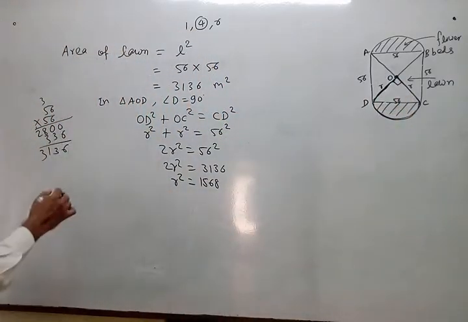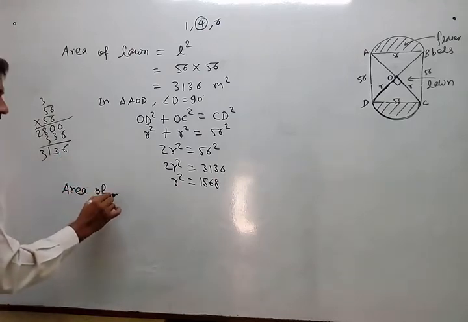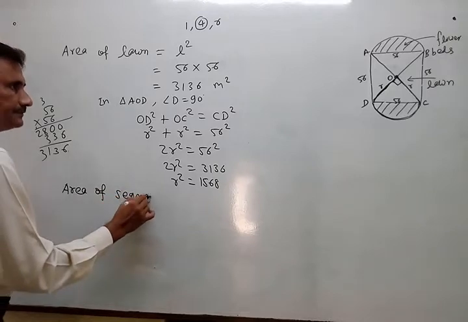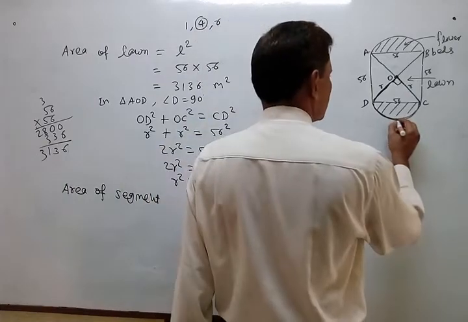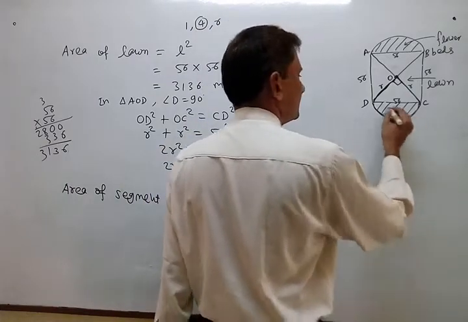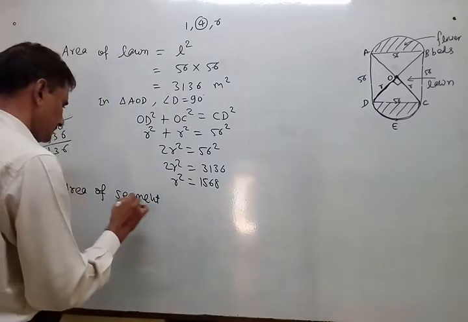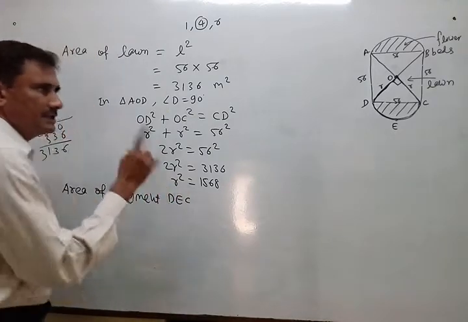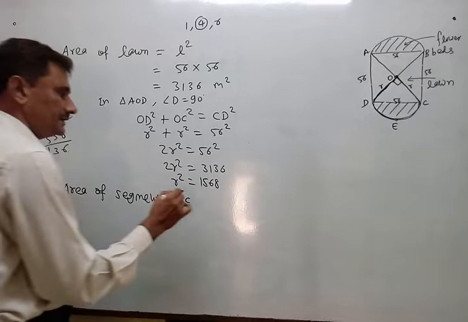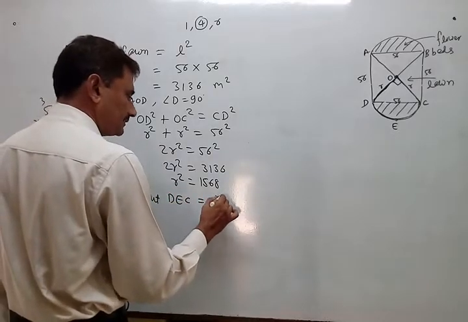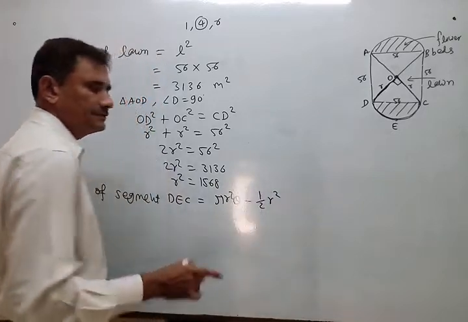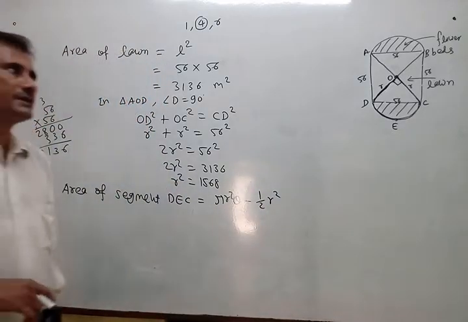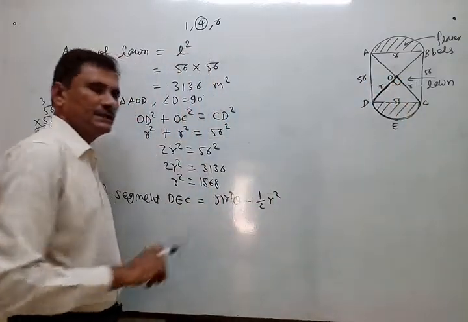So write down area of segment, and give the name also. Suppose it is E, then segment DEC. Area of segment DEC is equal to pi r square theta upon 360 minus half r square. Why half r square? We earlier discussed that whenever a right angle triangle is there, at that time half r square.